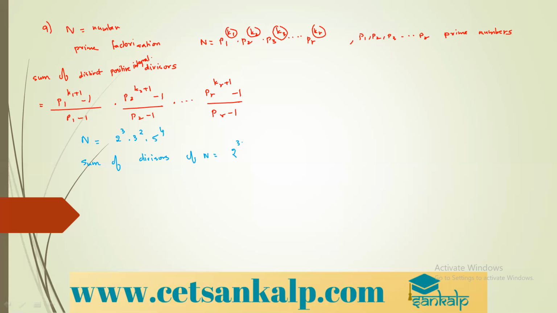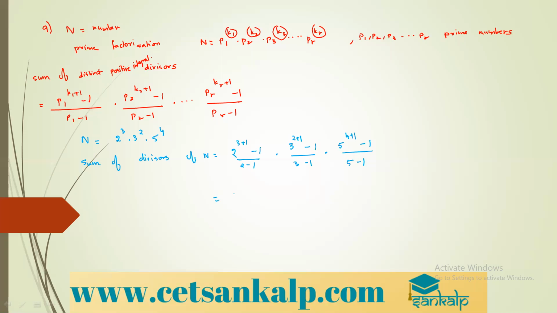So 3 plus 1, 4, minus 1 by 2 minus 1, into the prime factor 3 is coming 2 times. So 2 plus 1 minus 1 by 3 minus 1, into the prime factor 5 is coming 4 times. So 4 plus 1 minus 1 by 5 minus 1.